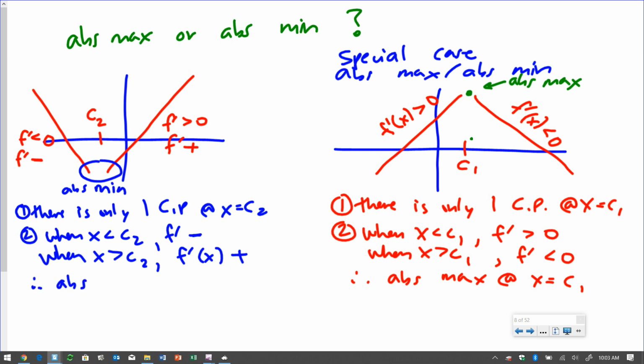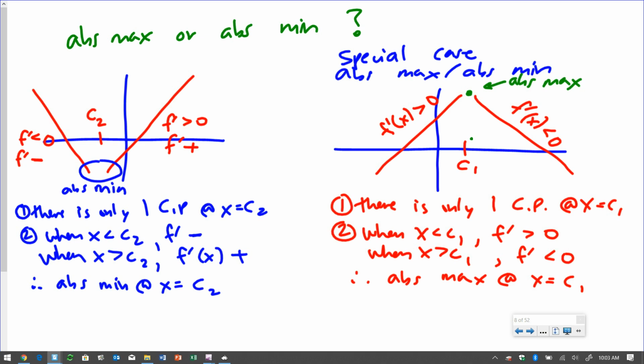Therefore, there must be an absolute min at x equals c2. Okay, and this is your last justification that you have to learn, and it's pretty terrible, I admit, but it's not hard to understand. On your homework, you're going to have something similar.